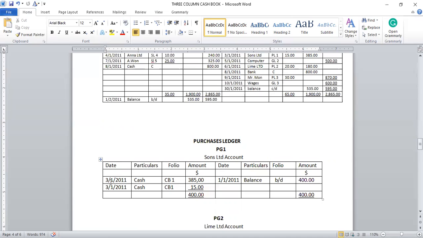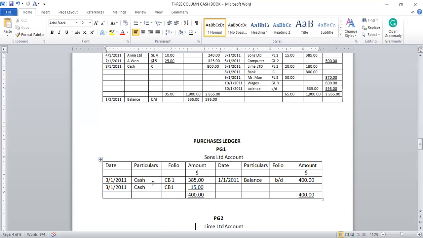So it should be 3rd January 2011. That date, the particular is the cash, because the corresponding entry can be found in the cash book. So $385, and this is the discount received $15. So all $400. So we paid him and his account has been closed.